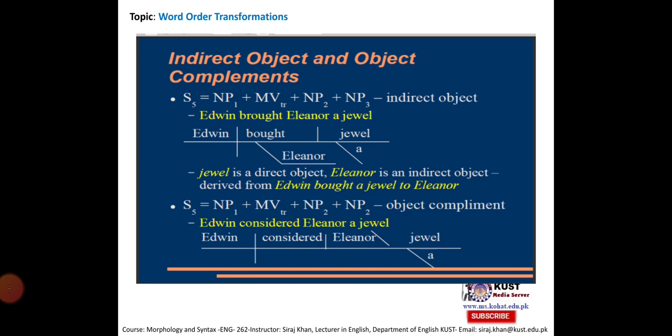Indirect object, Edwin brought Eleanor a jewel. Jewel is a direct object. Eleanor is an indirect object derived from Edwin brought a jewel to Eleanor. So noun phrase 1, main verb, noun phrase 2, noun phrase, object complement, like Edwin considered Eleanor a jewel.